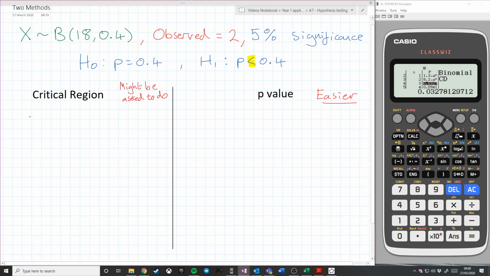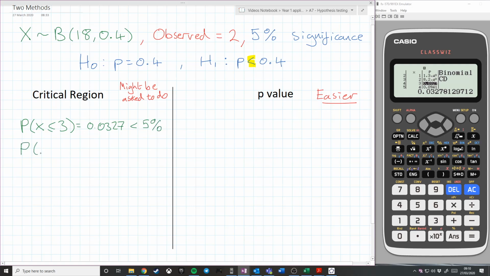So this is the test part of the hypothesis test, not the setup and not the conclusion. I would write that the probability of x being less than or equal to 3 is equal to 0.0327, which is less than 5%. I'm using 5% here.